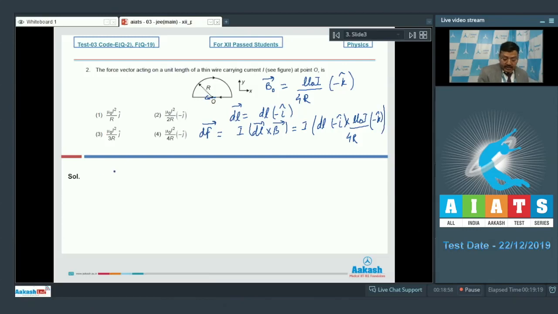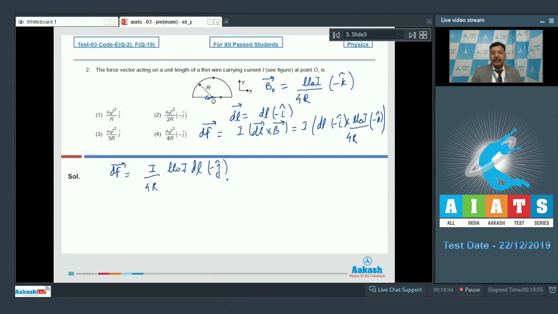We get this dF vector as I by 4r, and then mu naught I into dl, and if we carry the cross product, i cap cross k cap will be minus j cap, and this minus into minus is 1, so this minus j cap is the direction of this force. This is the magnetic force on a small element of length dl at point O.